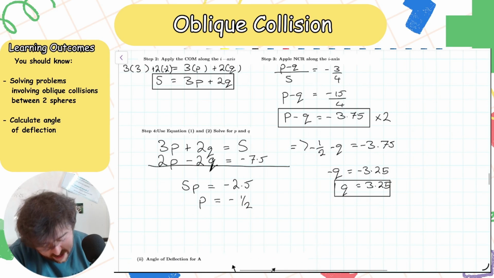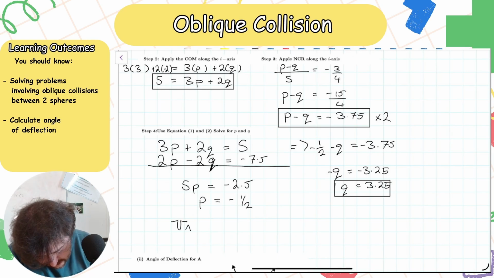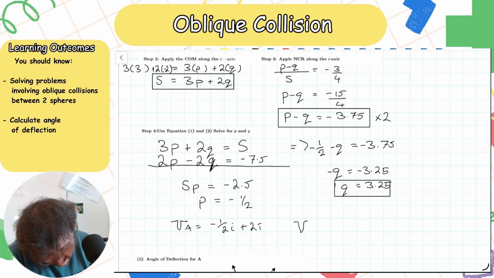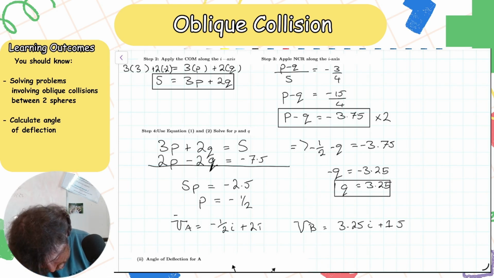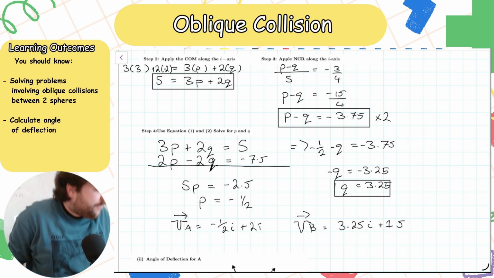Right? So my velocity after for sphere A is going to be just minus a half i plus 2j. And then the velocity after for sphere B is just going to be 3.25i plus 1j. And there we go.